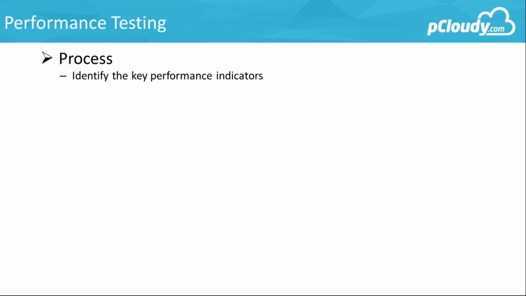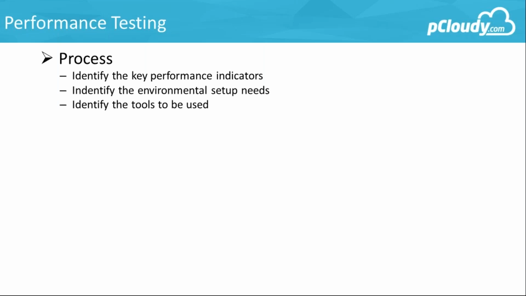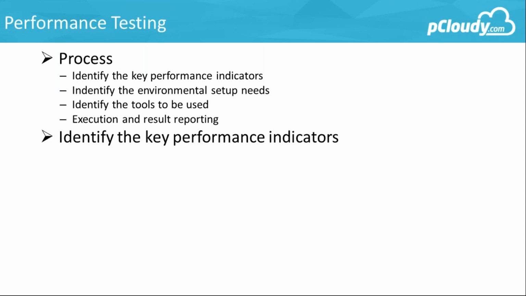The process of going about all this kind of testing is: identify the key performance indicators, identify the environment setups, identify the logging and tools to be used, and then execution and result reporting.